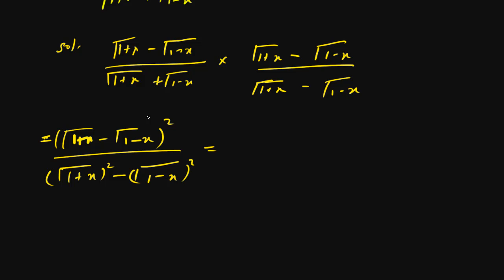When we open the square in the numerator, that is a minus b square.